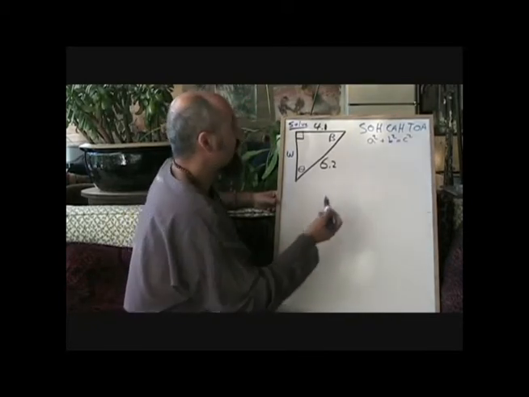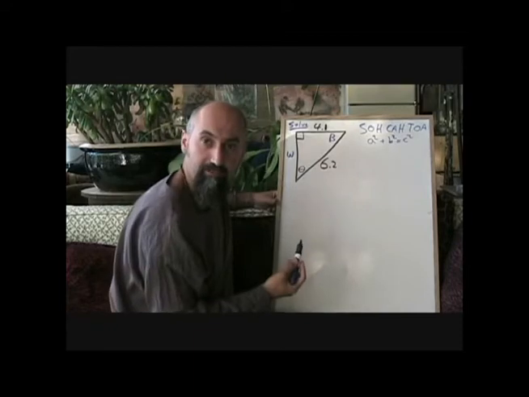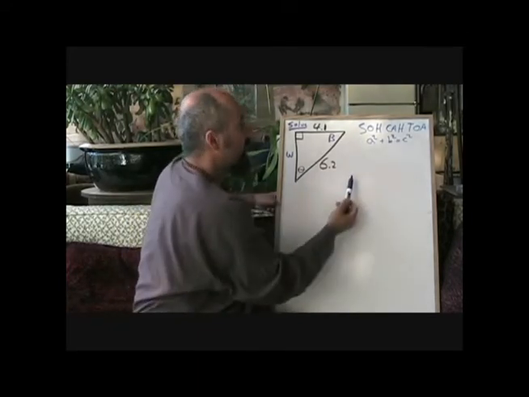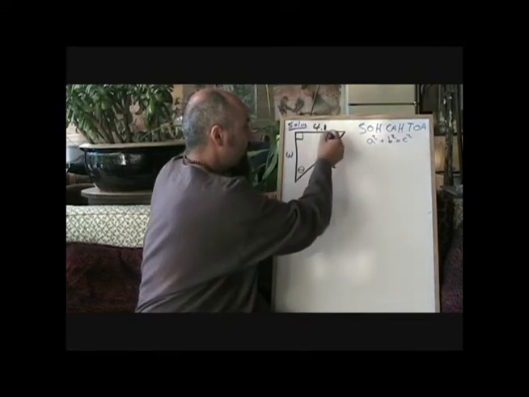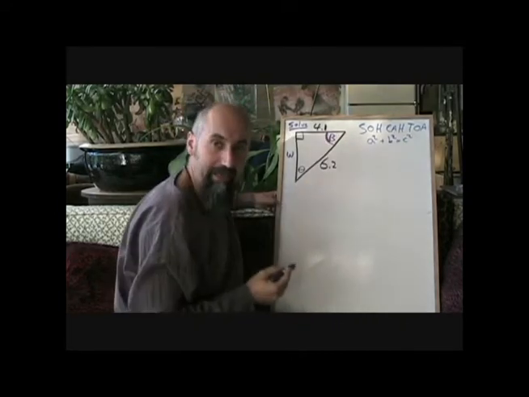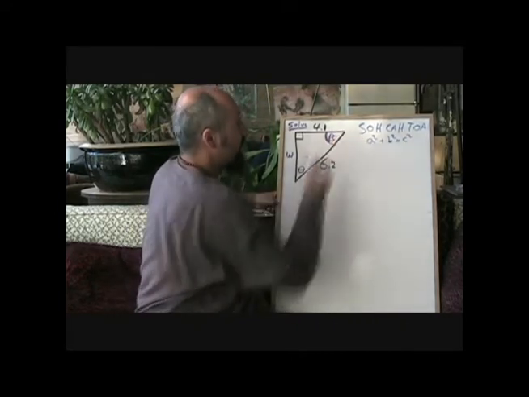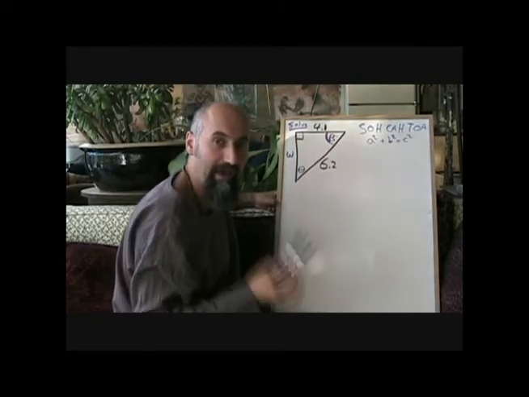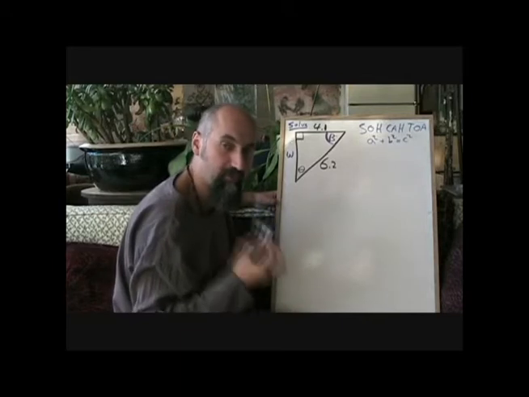So let's say we want to solve for beta this time first. So first thing you're going to do is think about Sohcahtoa and put yourself on this angle. If you're sitting here, which pieces of information do you have from a triangle? That's what you have to be thinking about.